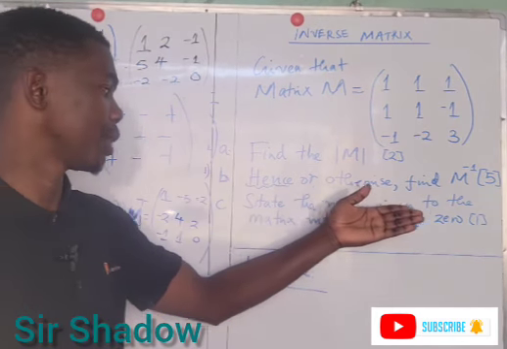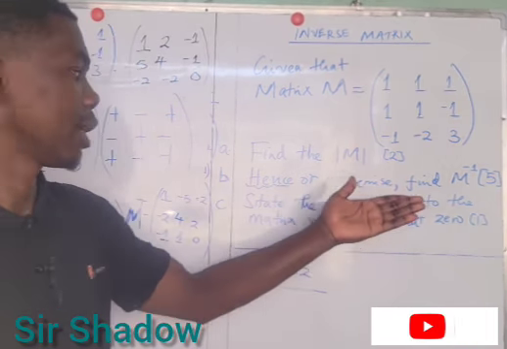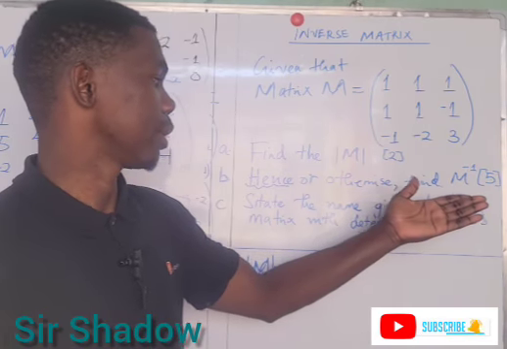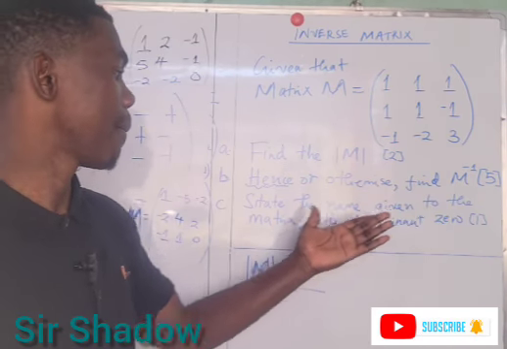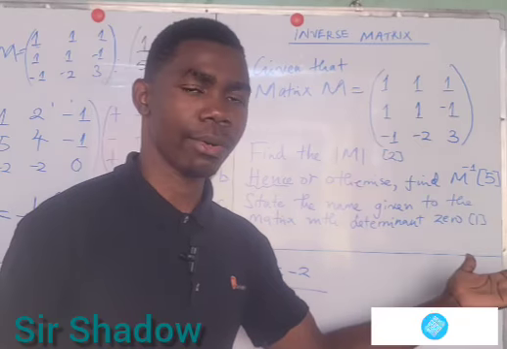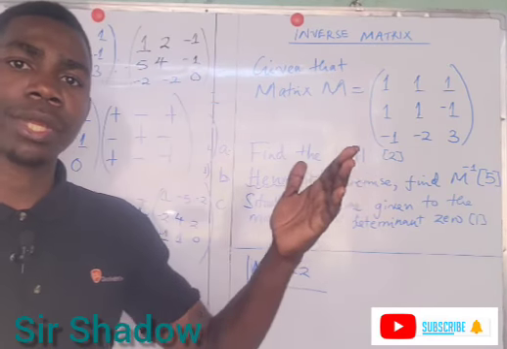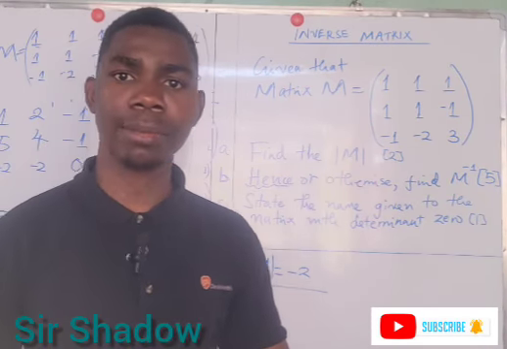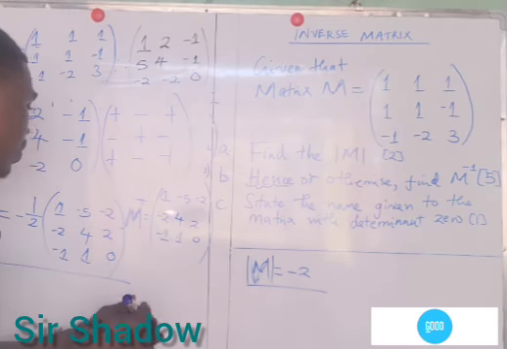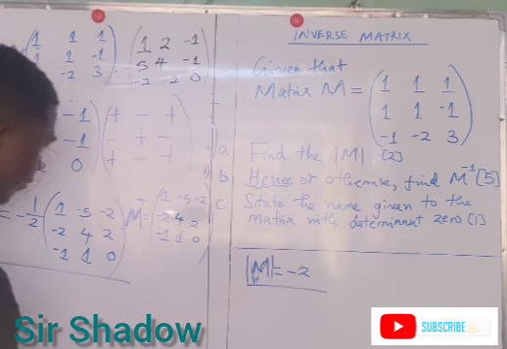State the name given to the matrix with determinant 0. When a matrix has determinant 0, that matrix is called a singular matrix.